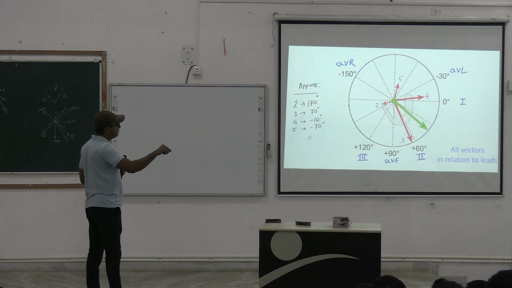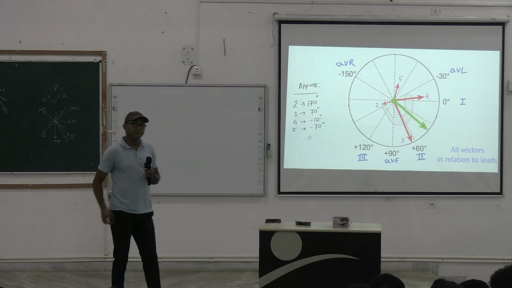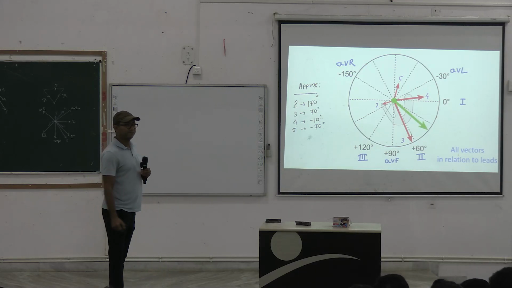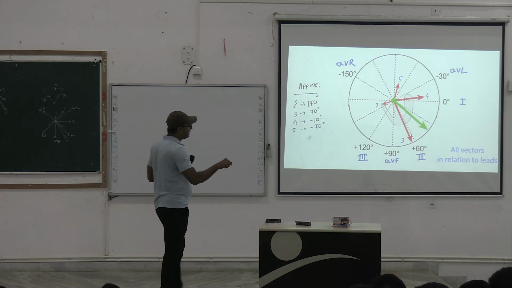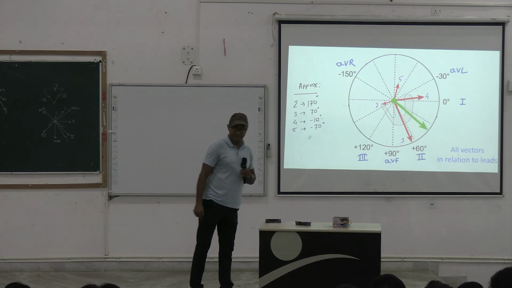It will be more or less located in this direction, because this one is very small, so it will be located in this direction. And this green color arrow is the mean of 2, 3, 4, 5. This green color is the average or the resultant of 2, 3, 4, 5.